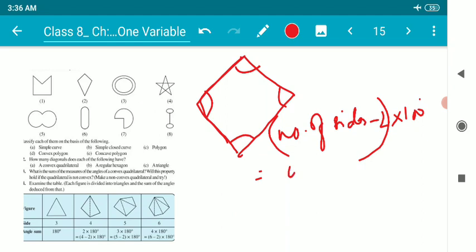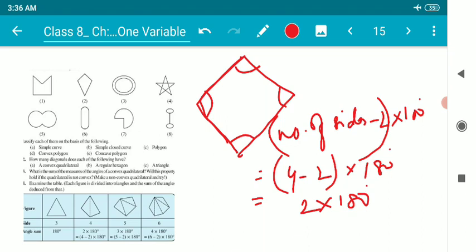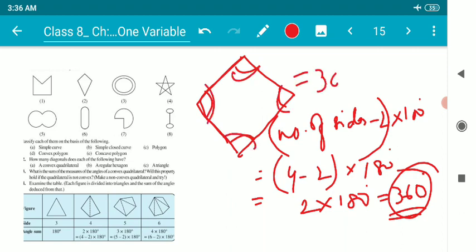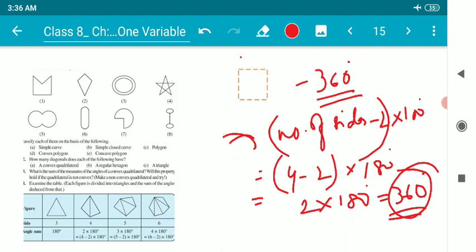Here the number of sides is 4, so 4 minus 2 is 2, into 180 degrees, resulting in 360 degrees. That means the sum of all the interior angles of a quadrilateral is 360 degrees.